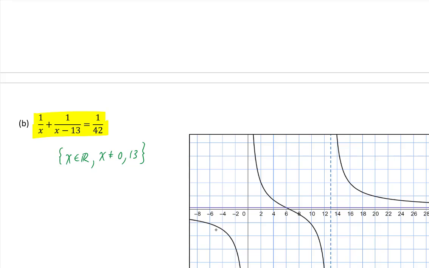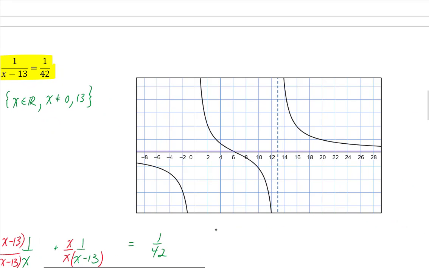And the left side should equal 1/42 if you sub in those x values. Notice that this one was harder to find the solutions graphically. Here's 6. But again, to find the second solution at 91, we'd have to extend this graph until we hit an x value of 91, which would be hard to find as these two curves are approaching each other ever so slightly.